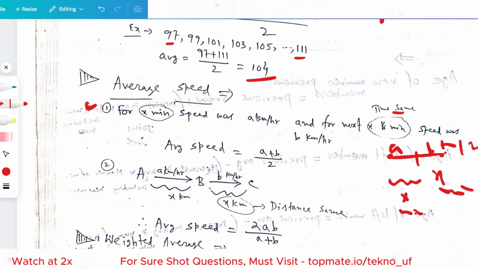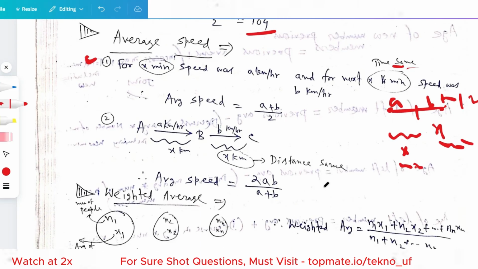Let me make it lesser width. Now when the distance is same, here the time was same. When the distance will be same, what will be the scenario?